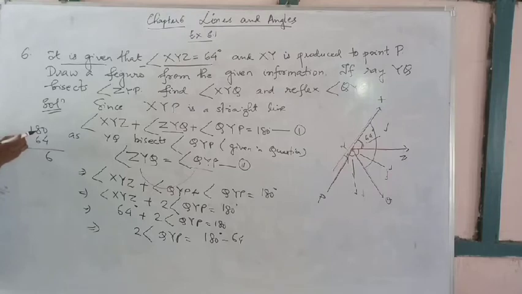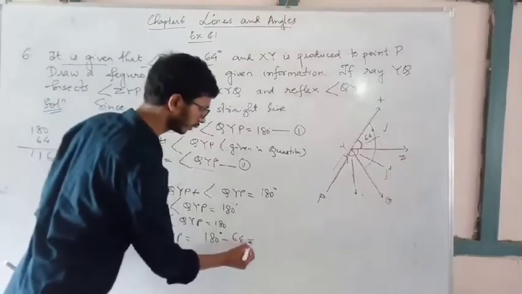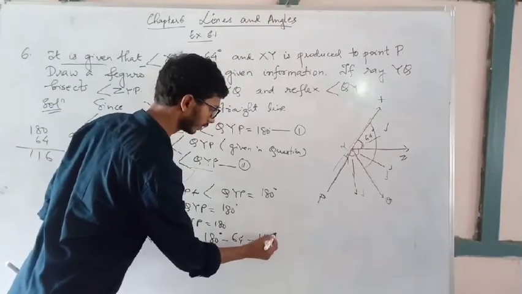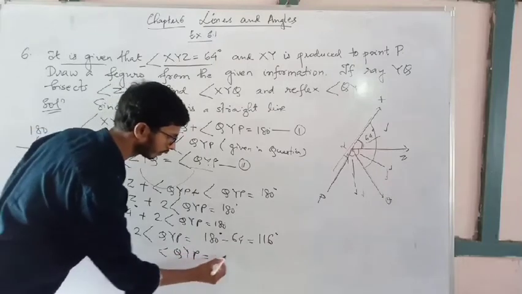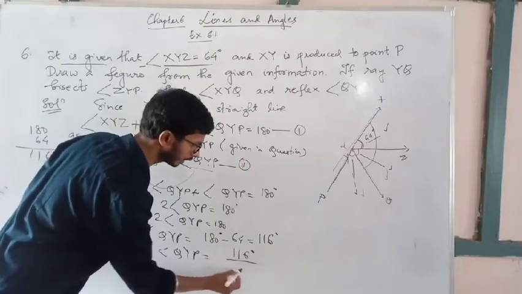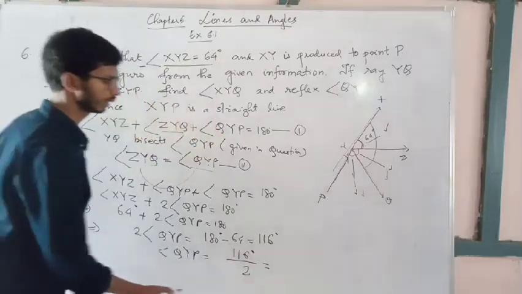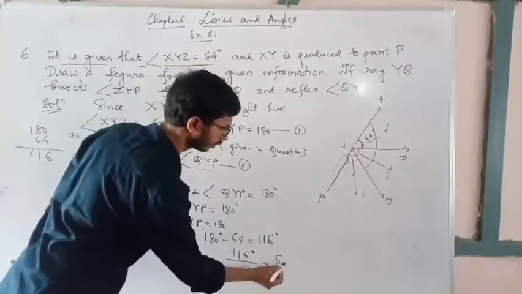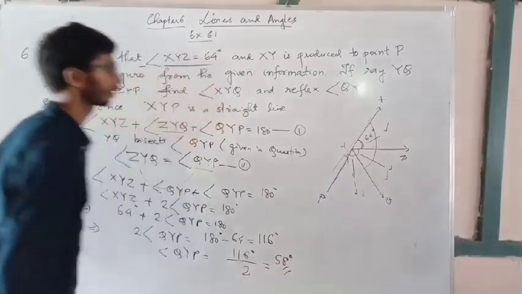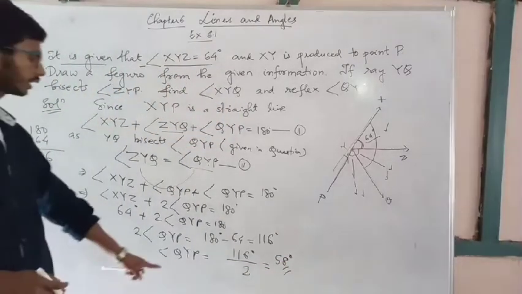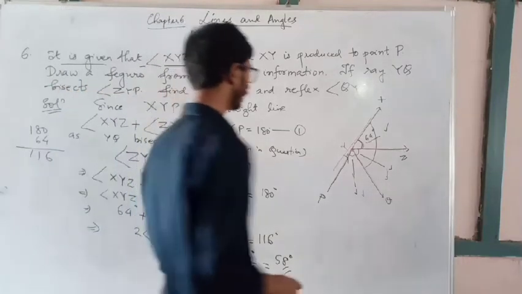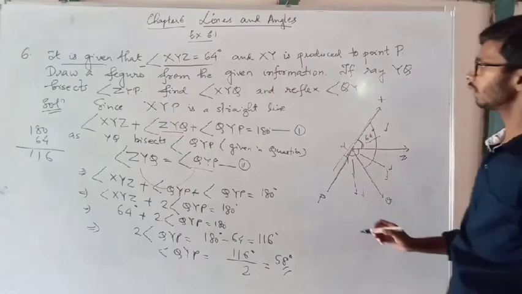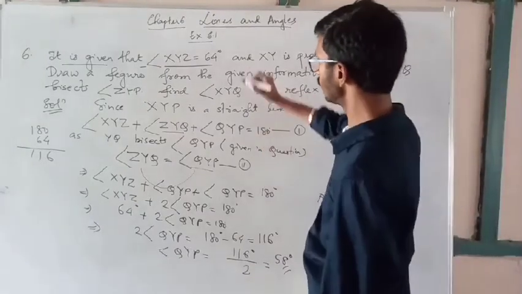So I will take one carry. 7 minus 6 is 1. So how much will we get? 116. So I can write angle QYP is equal to 116 degree divided by 2. So 2 5s are 10, 2 8s are 16. So I got angle QYP as 58.